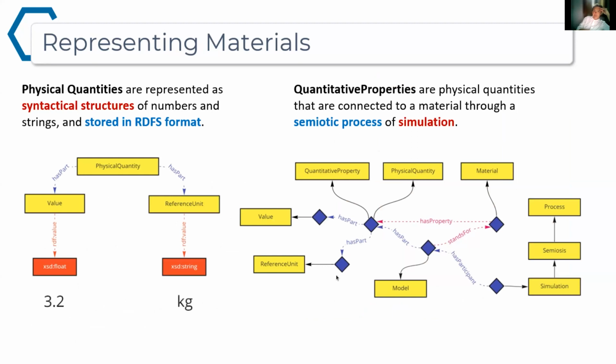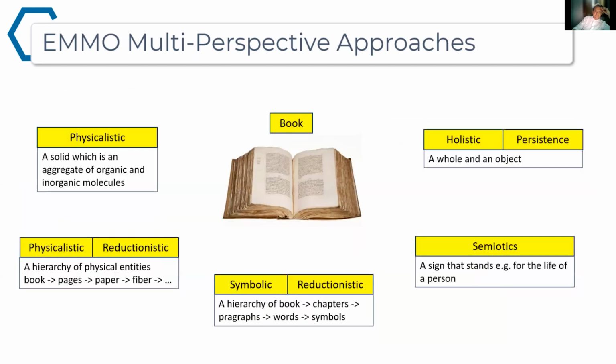So for example, you can have a material that possesses a physical quantity that is made of a value and a reference unit, or a model, for example, that stands for a particular material and participates in a simulation and so on. So you can document all these activities and the data that you can generate.